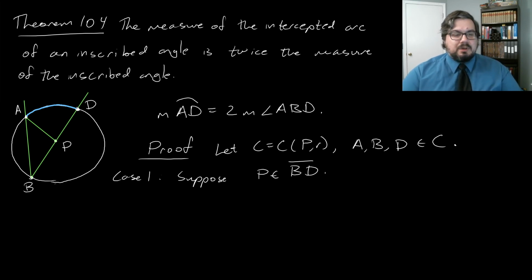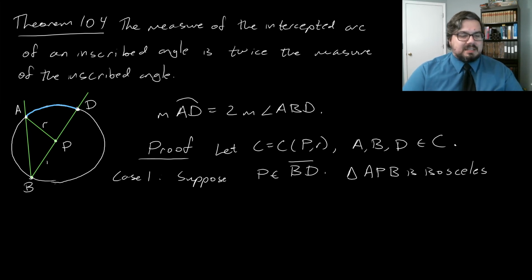So notice that triangle APB is isosceles, since the distance from P to A is the radius of the circle and the distance from P to B is the radius of the circle. That means that we can get a relationship between these two angles: they are congruent to one another. And so that means that angle PBA is congruent to angle BAP.